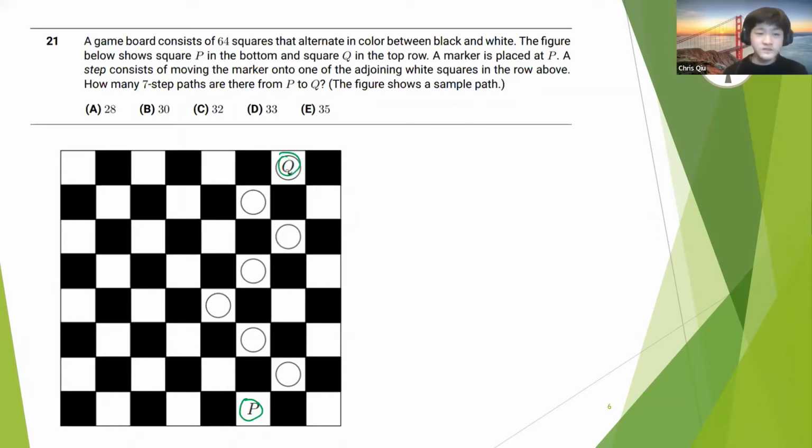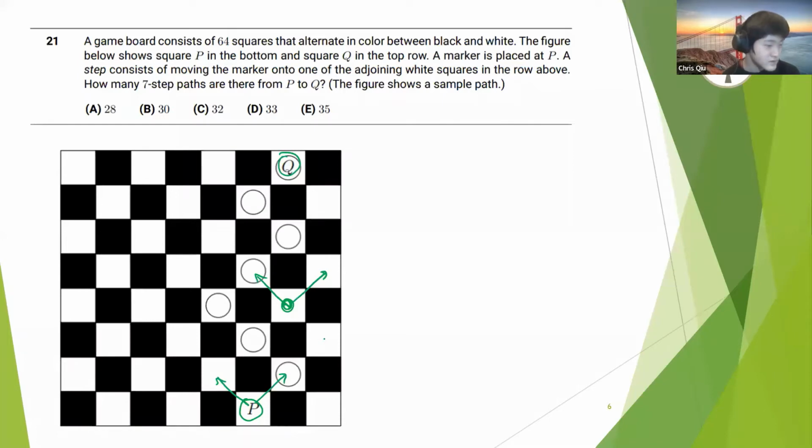The problem says a step consists of moving the marker onto one of the adjoining white squares in the row above. For example, if our piece is in this square over here, our piece can move here or here. If our piece is over here, it can move here or here.